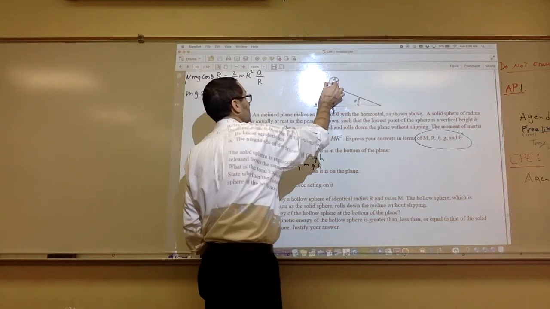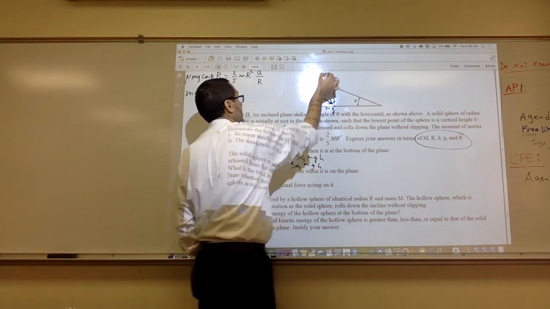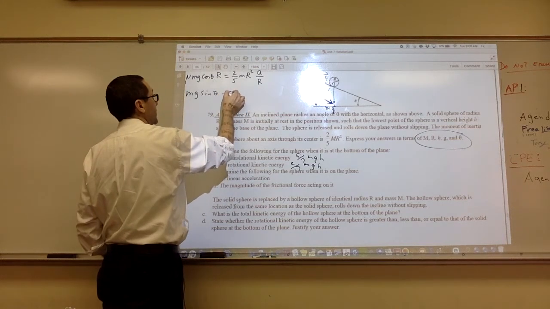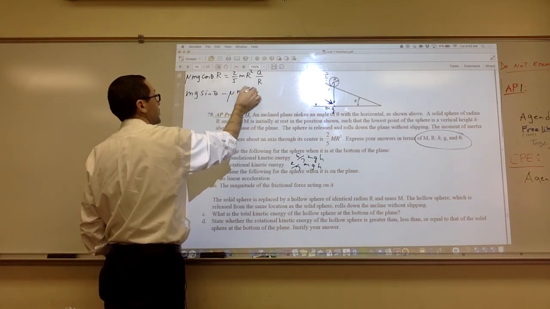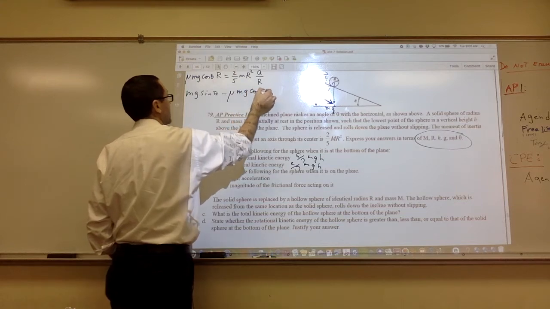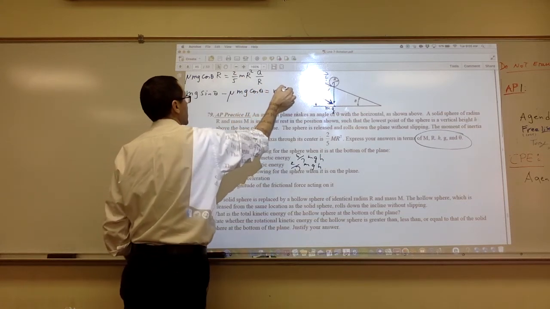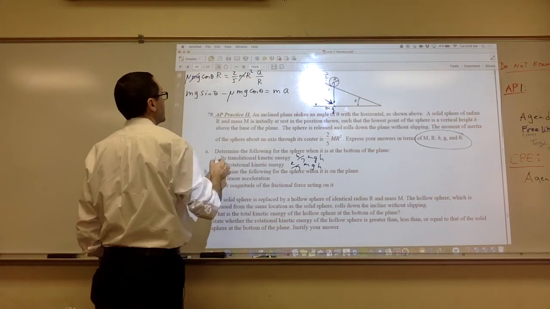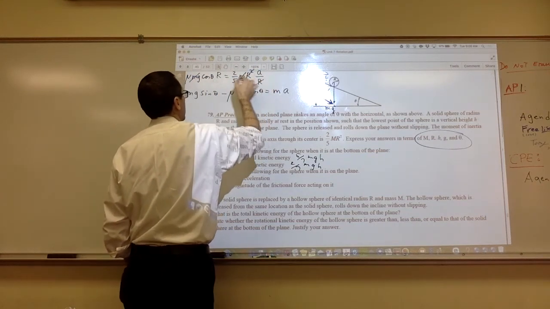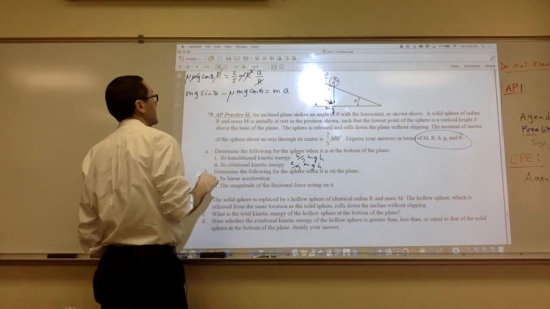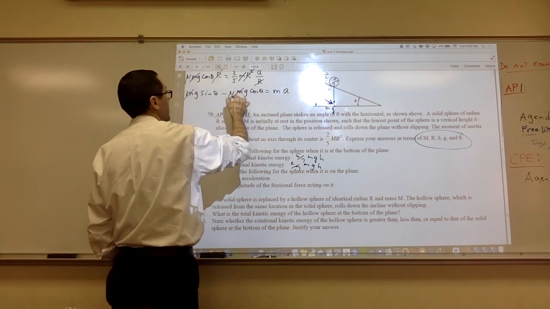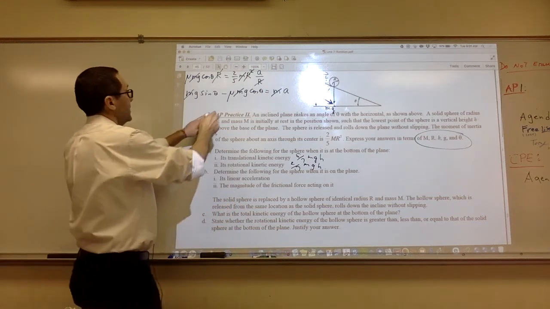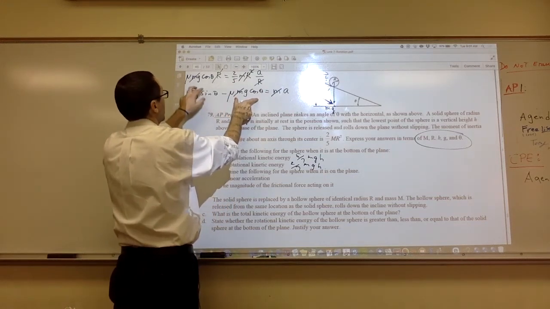Now friction is going the other way. Minus friction, which is mu Fn, and Fn is mg cosine theta, and that should equal m times a. Now we can cross out some a's from here. All these R's will be gone. So the same thing here, we can cross out these m's.